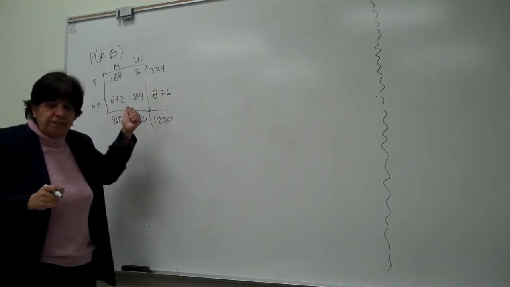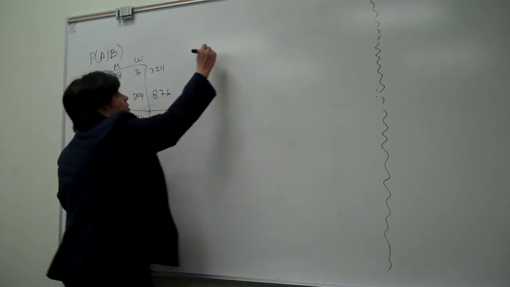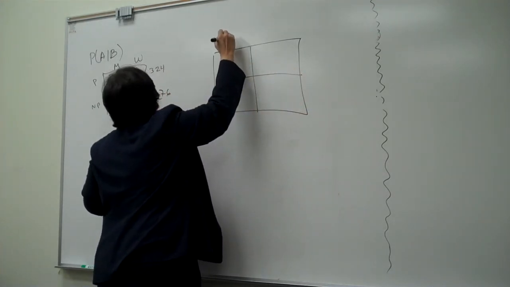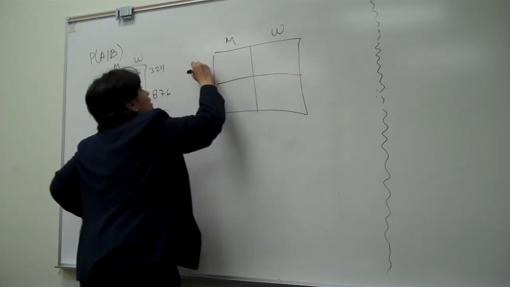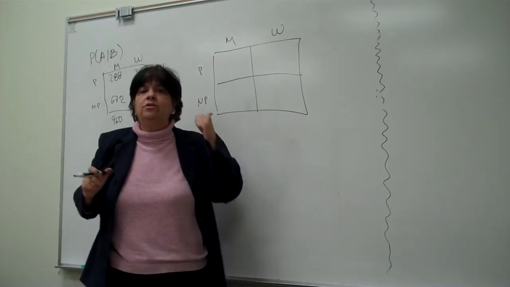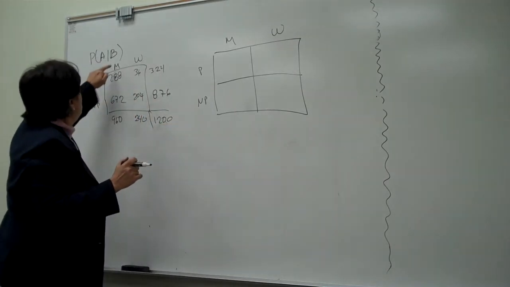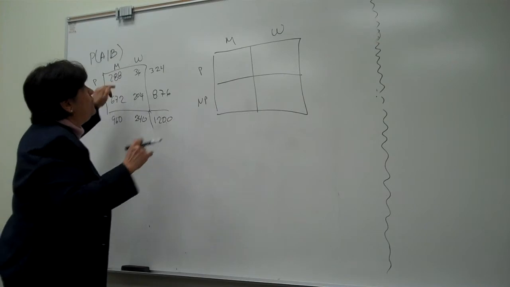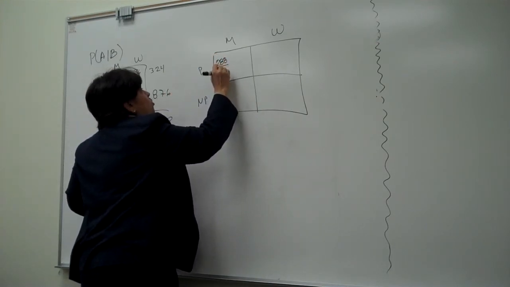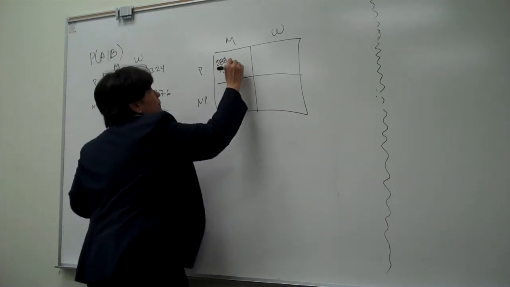In order from this table to create a joint probability table, we have to create this joint table, and it's exactly the same: male and women, promoted, non-promoted, but instead of numbers, we're going to get probabilities. How do I get the probability of being promoted and men? The only thing that I have to do is say 288 divided by 1,200, and that is 0.24.